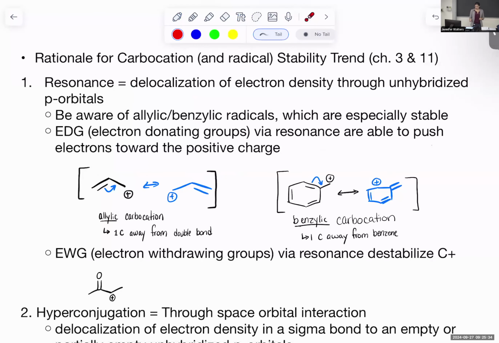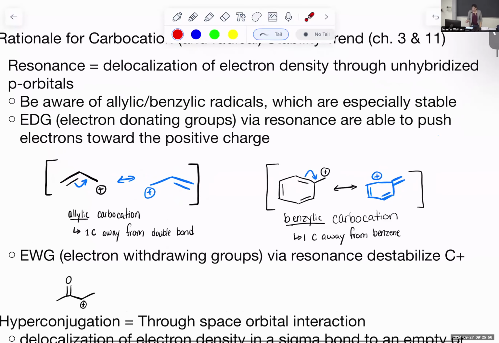So our pi bonds, these are electron donating groups via resonance, meaning that they're going to push electrons towards that positive charge. Donating, giving electrons. They're going to push electrons towards the positive charge, and that is stabilizing. Our electron withdrawing groups, conversely, are going to destabilize.